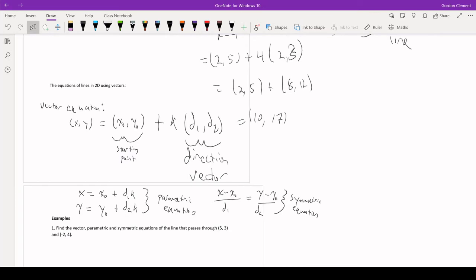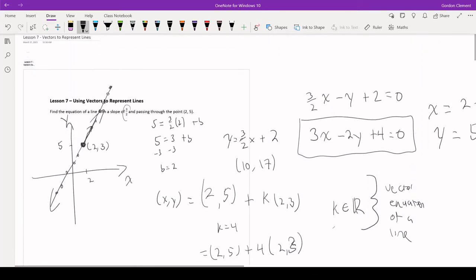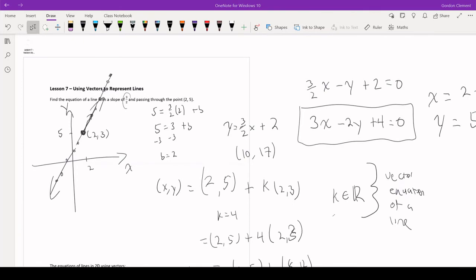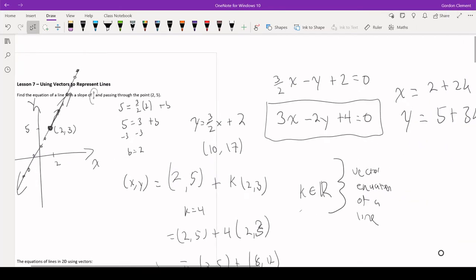What we're going to call that now, we're not going to call it standard form anymore. We're going to call it the scalar equation of the line. It's ax plus by plus c equals 0, something like that. That's the same equation we would have done in grade 9. What I want you to see is the a and the b are 3 and -2.